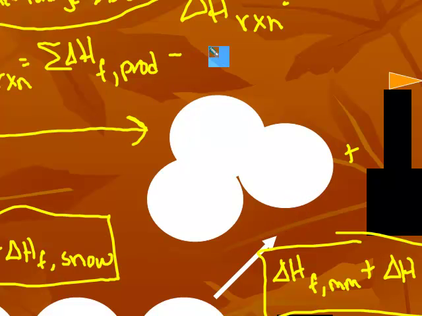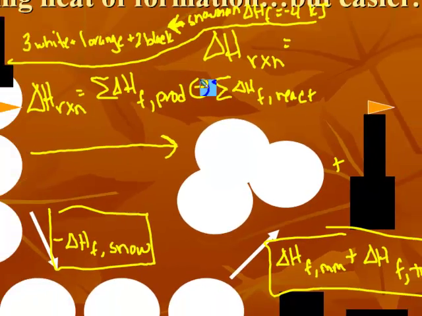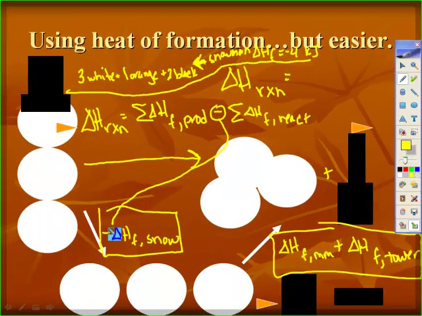But then you subtract the delta H of your reactants, because this negative is a built-in flipping of the sign on your table. That subtraction is automatically making the delta H value on your table opposite in sign like it should be. So that's where this comes from.